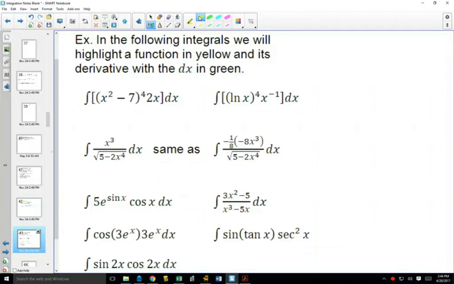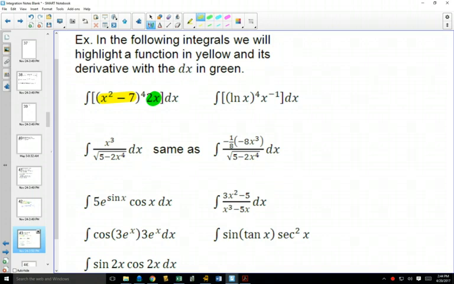So can you see that x squared minus 7 is inside of the power of 4? So it's the inside function. Does its derivative exist in this integral? What's the derivative of the yellow? 2x. And sure enough, that's there as well. The second one, can you see an inside function?